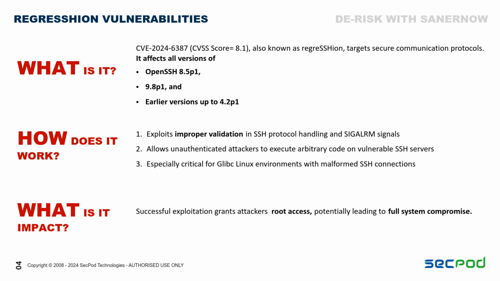Now, this regression CVE that we have identified, when it gains access through SSH, is not just compromising one single system, but also provides the attacker root access, which basically means he can attack your entire infrastructure because of the compromised SSH within that particular IT infrastructure.